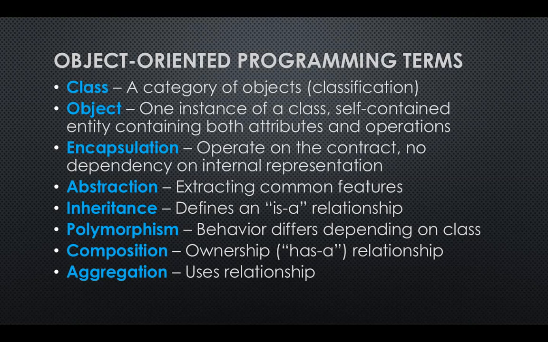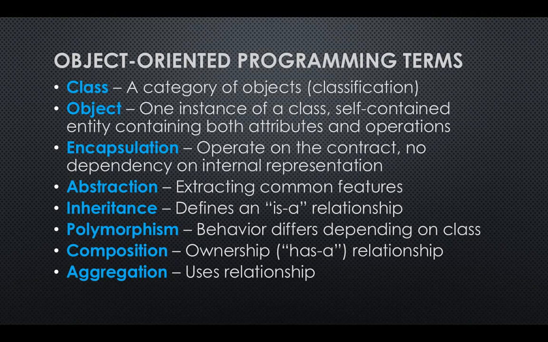It has its own state. One of them might be held on Tuesdays and Thursdays. One might be held on Monday, Wednesday, and Friday. So that's the state of the object. But they're all course offerings. So the course offering is the class. So the class defines a unified set of operations and behavior that the objects can exhibit.